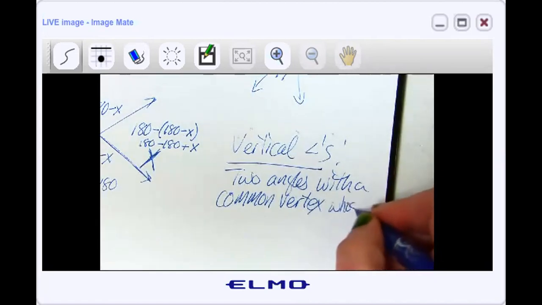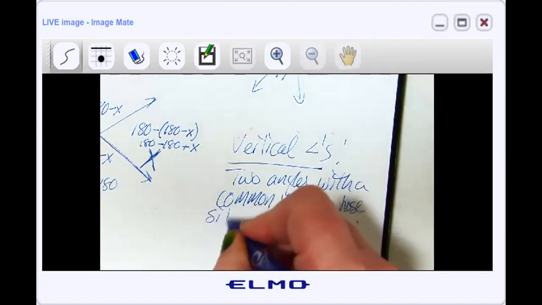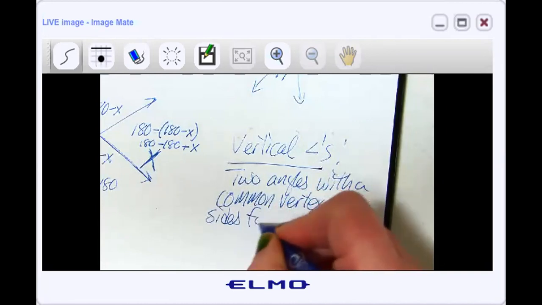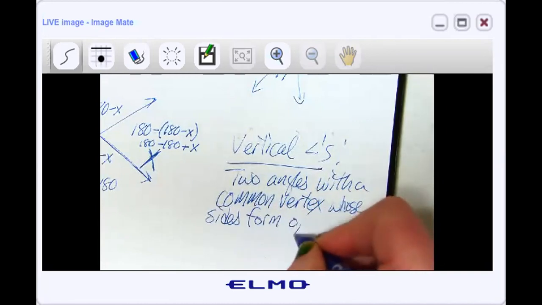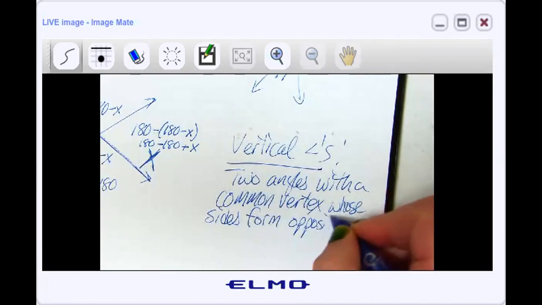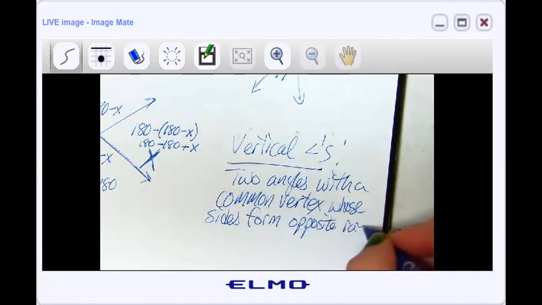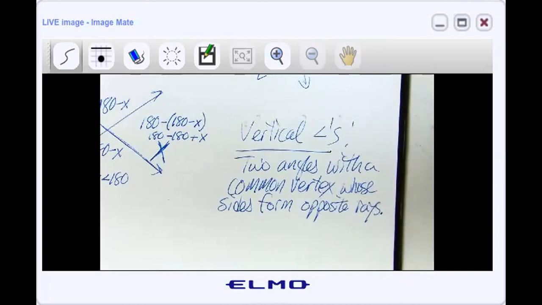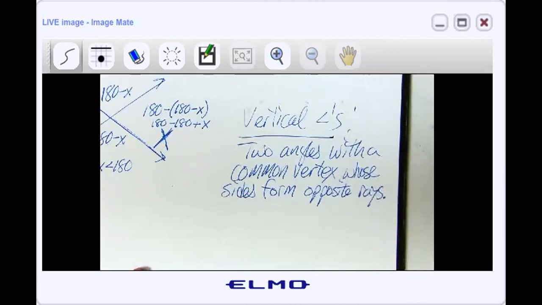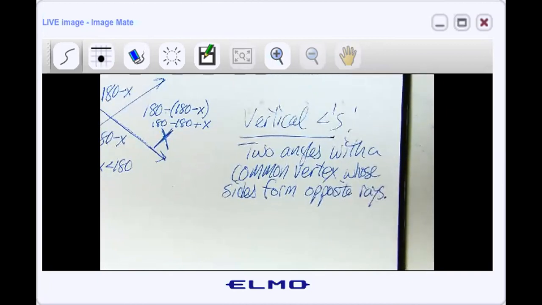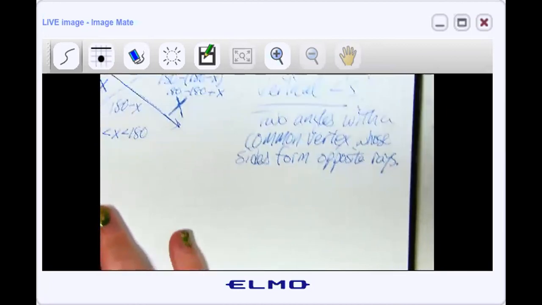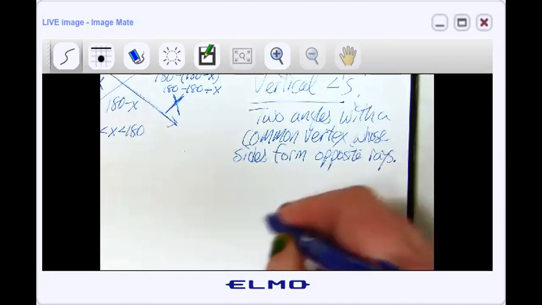Whose sides form opposite rays. What? That sounds so confusing. I don't even know what that is. Yes, you do if you break it all down. All right, two angles with a common vertex. So, of course, they have to, here, let's draw one at the same time too. That might be helpful.